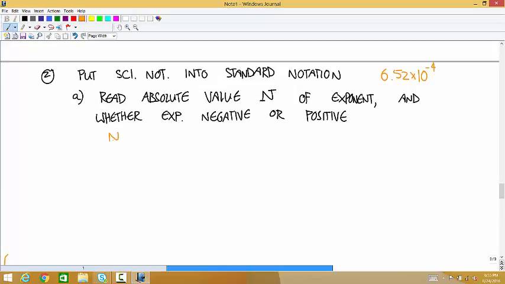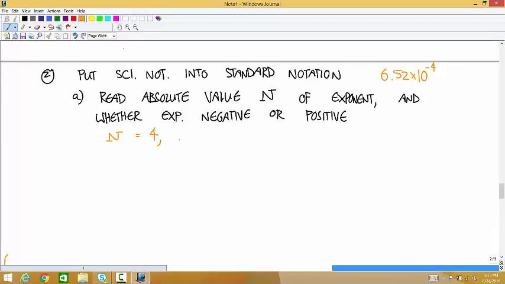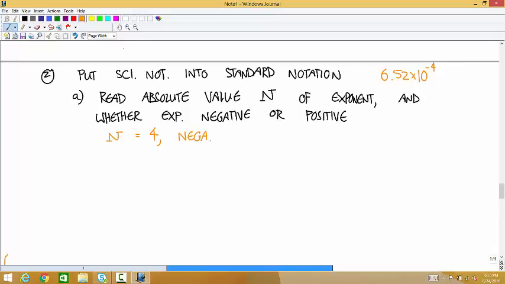It doesn't take much figuring out. So in this example, n is equal to 4, and it's negative.